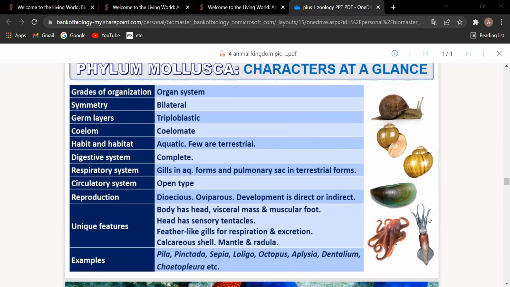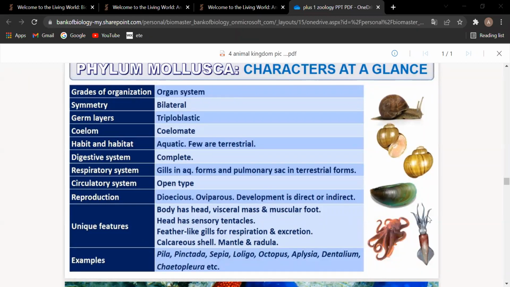Calcareous shell means the shell is going to be made of calcium, so it's called calcareous. Mantle is present along with radula. Okay. Examples: Pila, Pinctada, Sepia, Loligo, Octopus, Aplysia, Dentalium, and Chaetopleura. All the photographs of them we have also discussed above, and you have to remember this list too, beta.